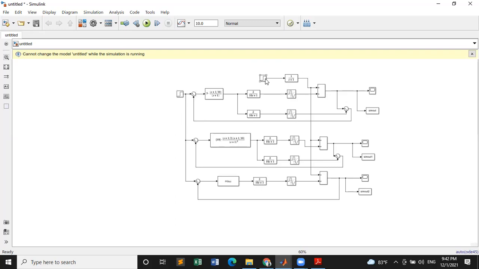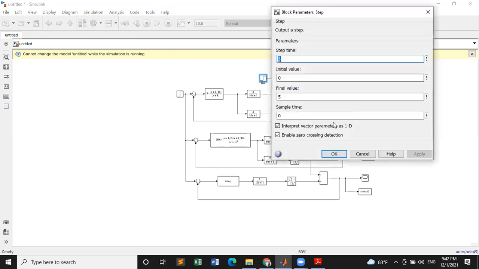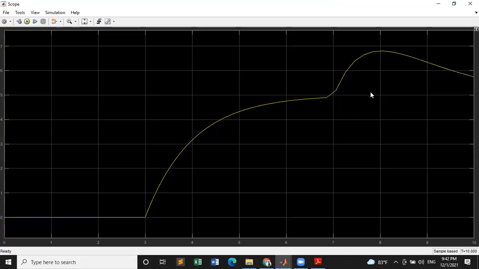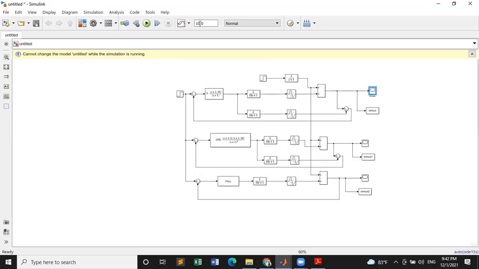Right. So I will see if this is working, whether there are any errors. Yeah, so we are getting something like this. Now I will increase the time to 100 and see whether the control is quite good.